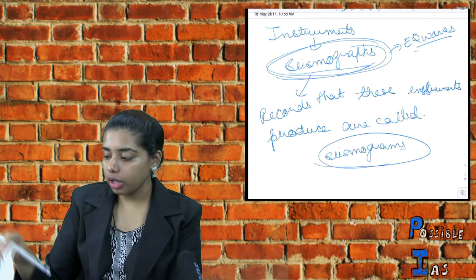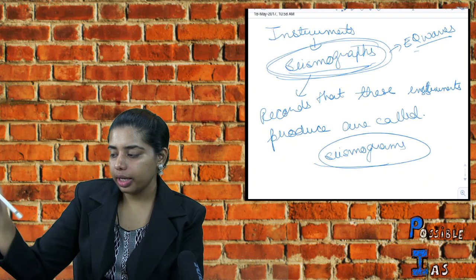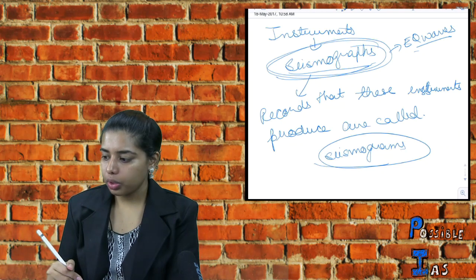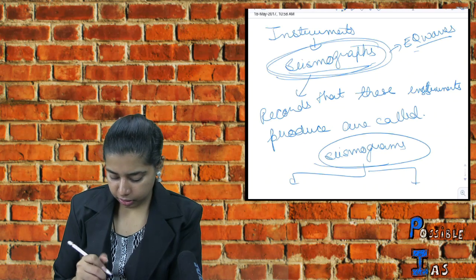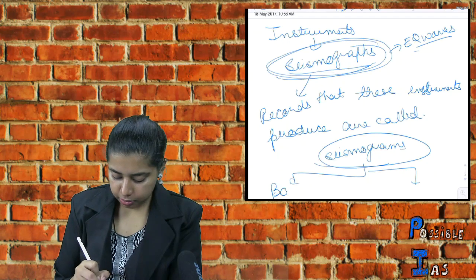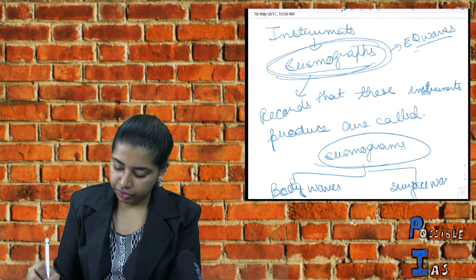Okay, so the records that these instruments produce, they are known as seismograms. Okay, so now what do these seismograms show us? These seismograms, they show us two types of waves. One is body waves and one is surface waves.